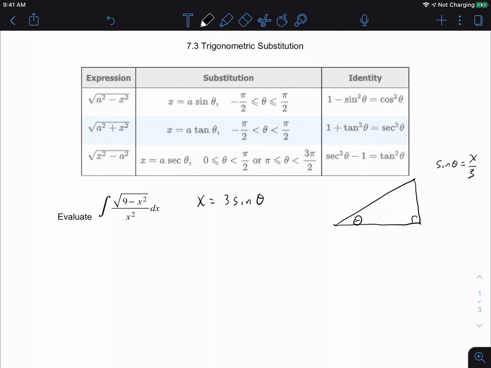Do you guys agree? Agree. Okay. And sine, we know from trig, is the opposite over the hypotenuse, right? So the opposite would be x. The hypotenuse should be 3. And then the adjacent side would be the root of 9 minus x squared. Does everyone understand how I developed my triangle?